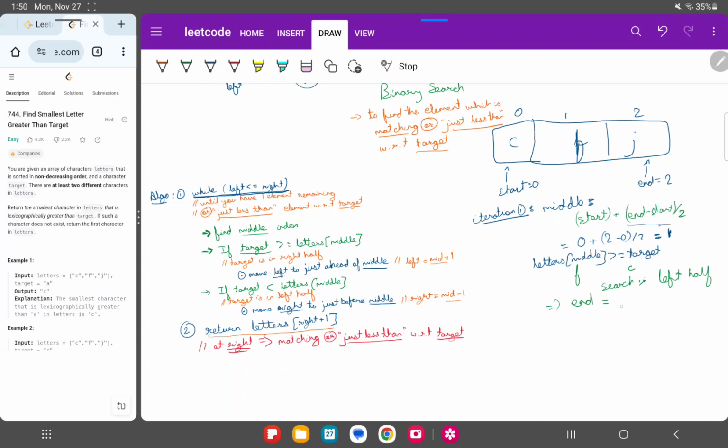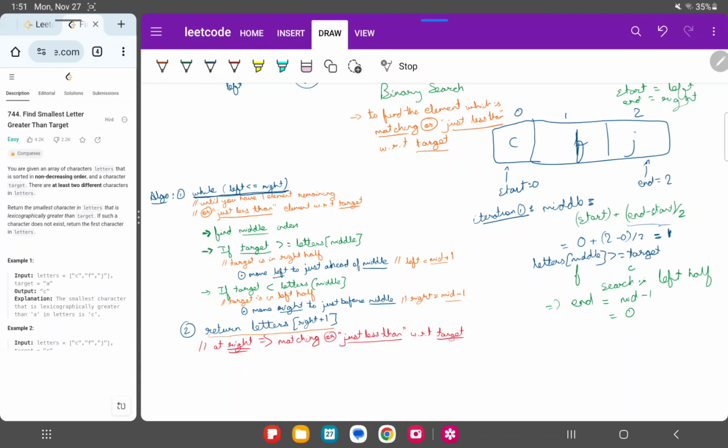So end becomes, or you can say start is basically left and end is basically right. So end becomes mid minus 1, which in this case is 0, since 1 minus 1 is 0, right?